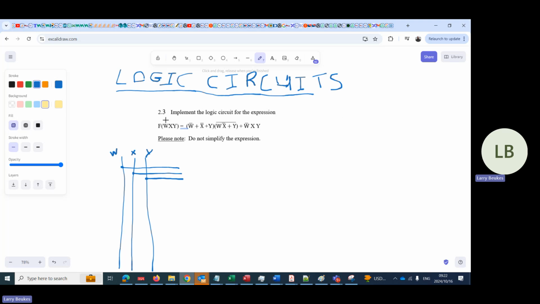So there are basically 3 important gates here. Firstly is the OR gate. OR gate is basically your A or B. You can call it addition, right?